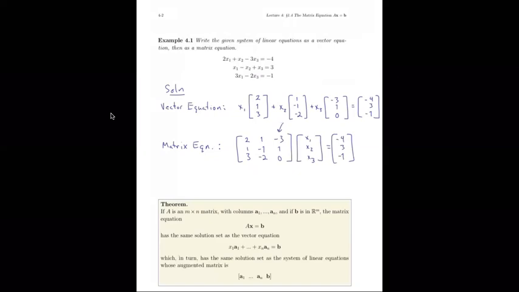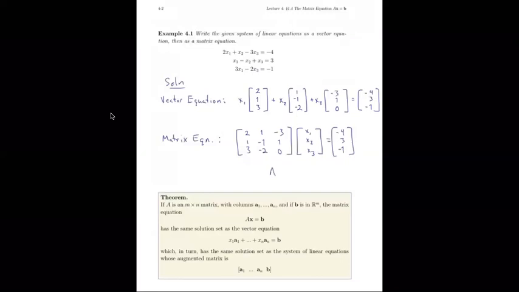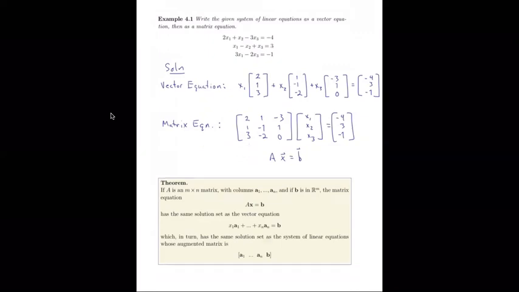This is, of course, AX equals B. Look at the way this is written, and the way that breaks apart is in this vector equation, x1 A1 plus up to xn AN, x is a scalar, equals B. So that's the vector version, and that's what's written in the vector equation above.